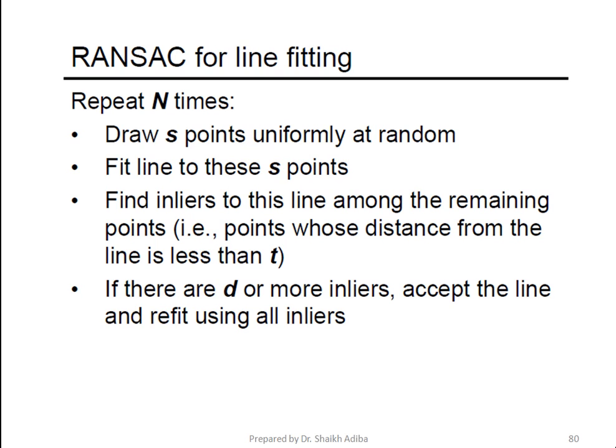Randomly you have to pick up those S points that are uniform, that are similar. Then fit the line to these S points. The model selected here is a line, so we are trying to fit a line to these S points that we have selected initially. Then find inliers to this line among the remaining points.